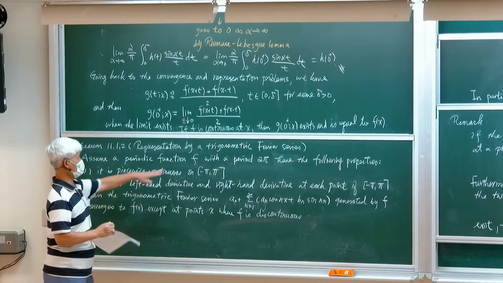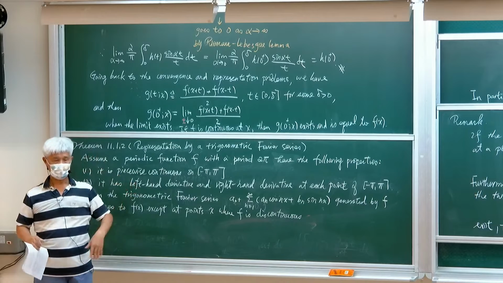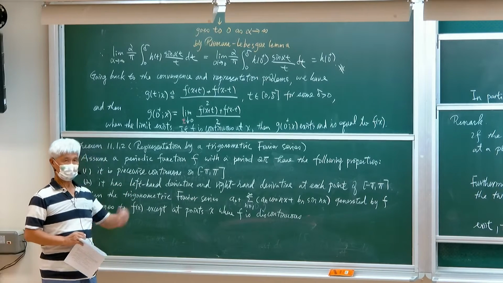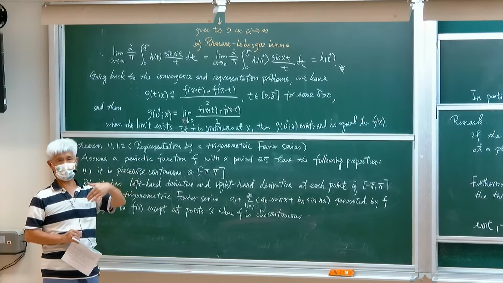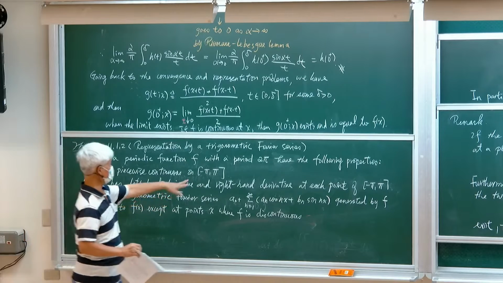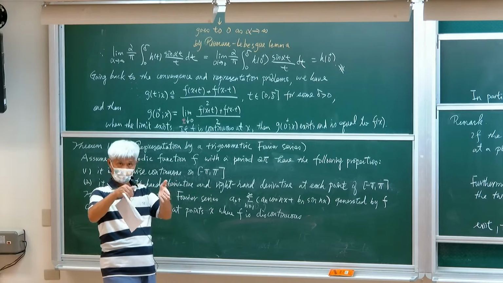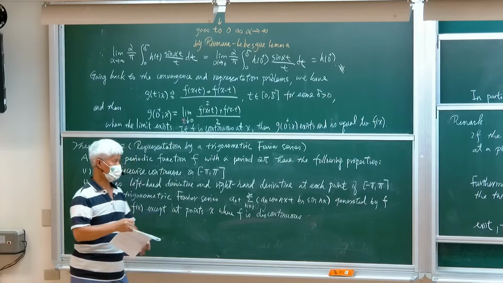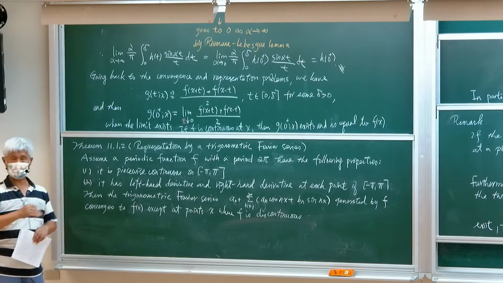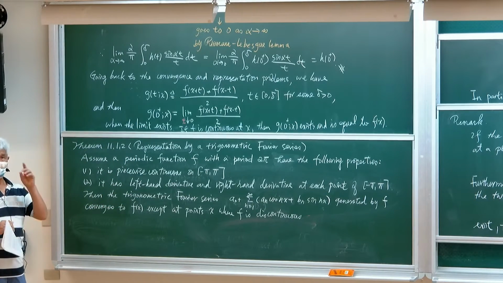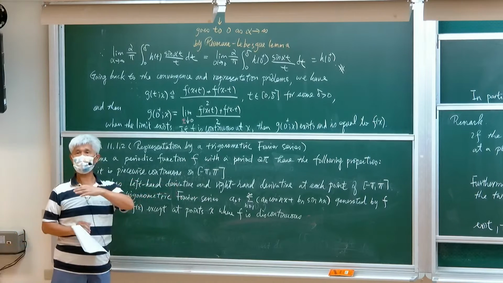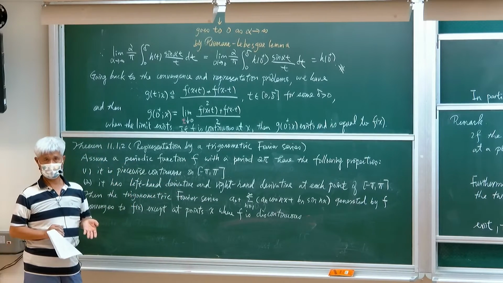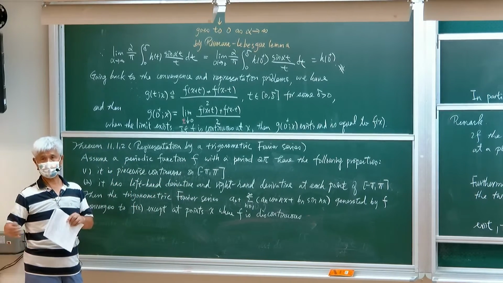Because f is piecewise continuous, it is continuous except at finitely many points in one period. In the whole real line, if it has one discontinuity, then it has infinitely many discontinuities because it will repeat again, right?